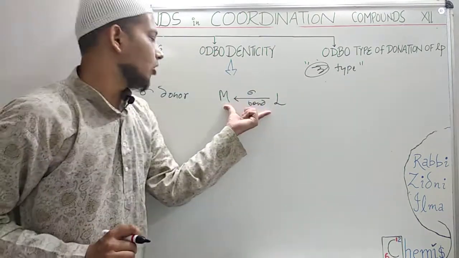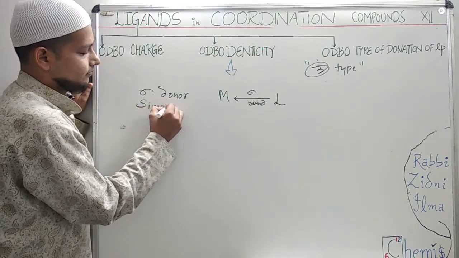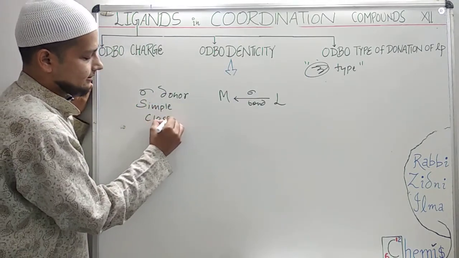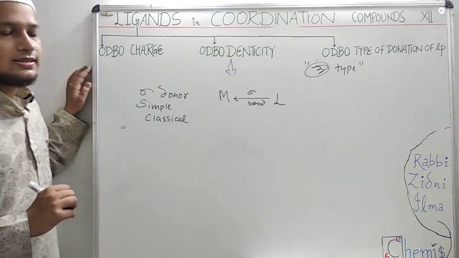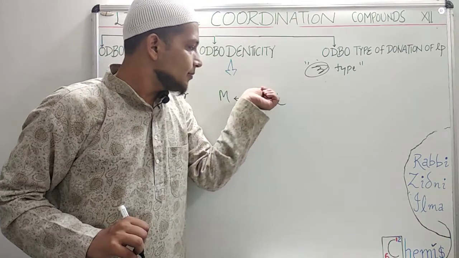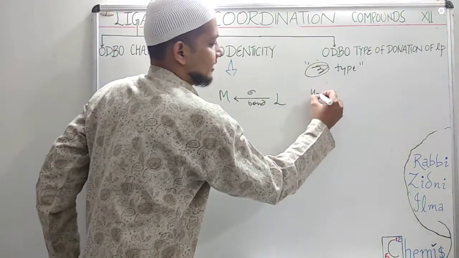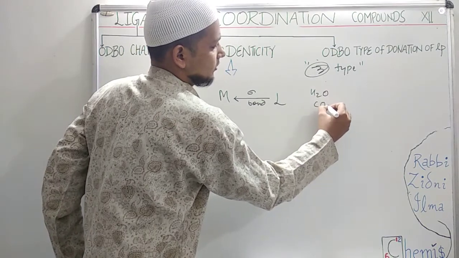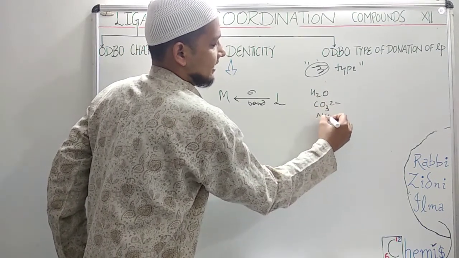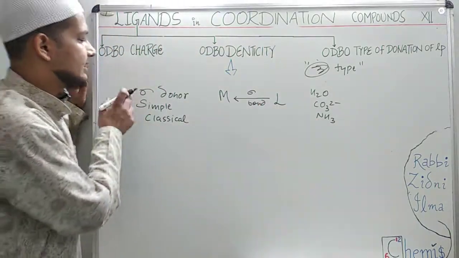So this will be called a sigma donor, also called simple ligand, also called classical ligand. The ligand forms a sigma type bond with our metal. The example is H2O, CO3 maybe, another is NH3, and so on, cyanide also. So these are our sigma donor.